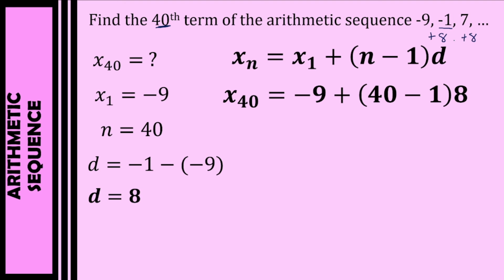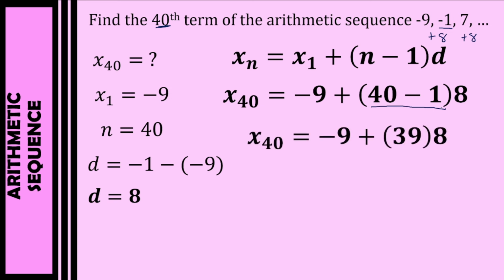Let's apply the order of operations to simplify our equation. We start first with the grouping, 40 minus 1. So we will have negative 9 plus 39 times 8. Then we proceed to multiplication: 39 times 8 gives us 312.